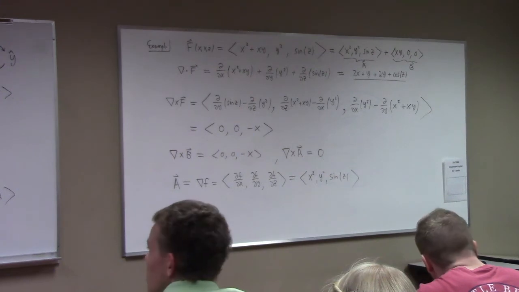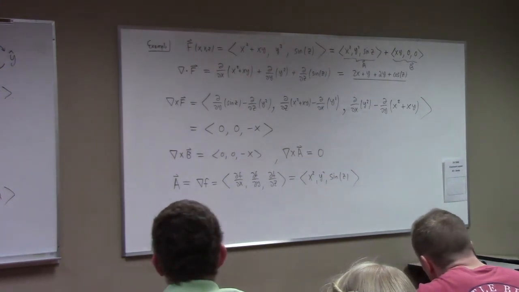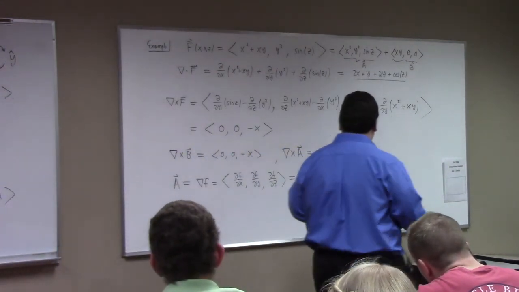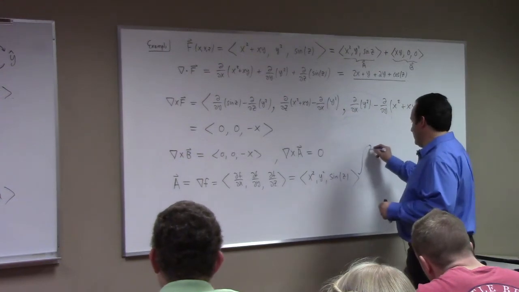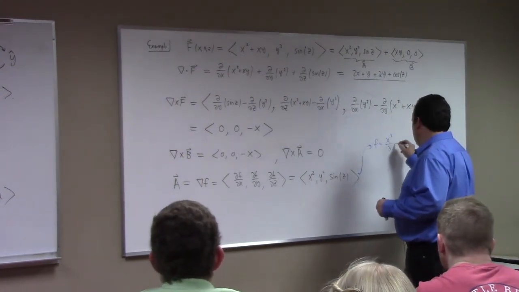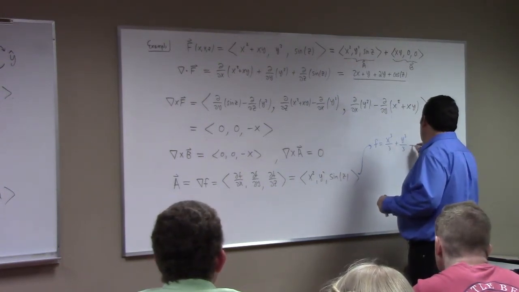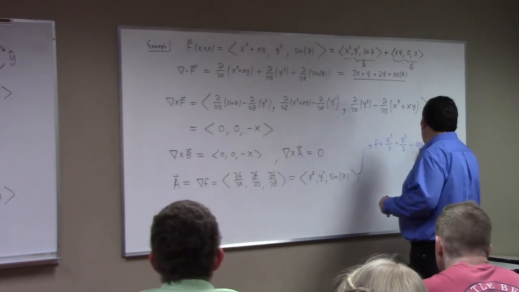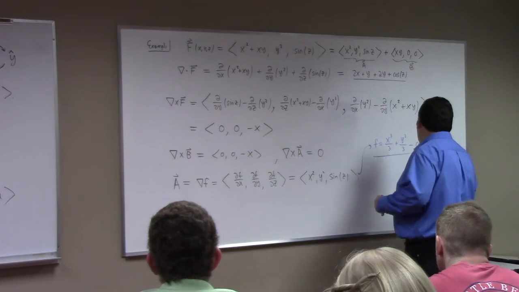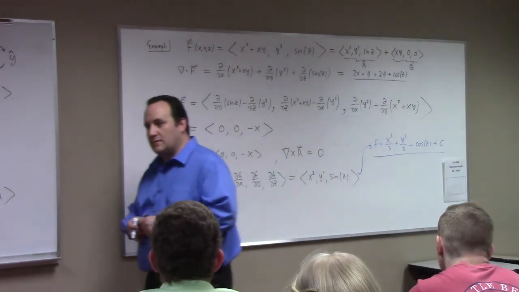We had some homework problems that were scratching this itch earlier. I heard x cubed over 3, y cubed over 3, minus cosine z, plus a constant if you like. Any function like that will serve as a potential function for A.